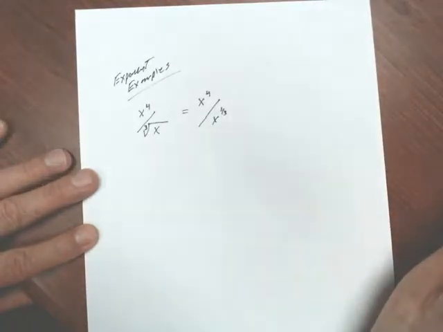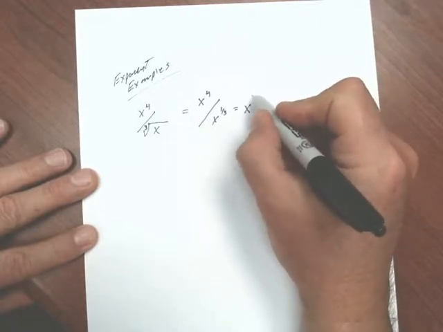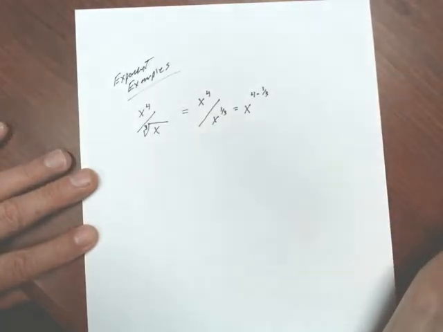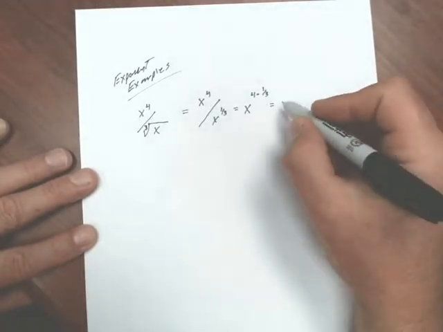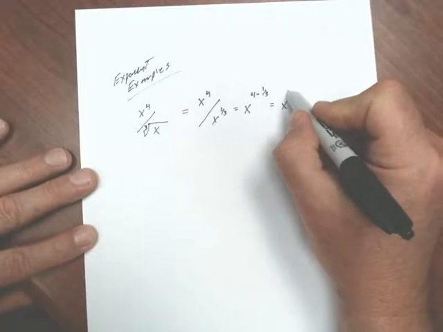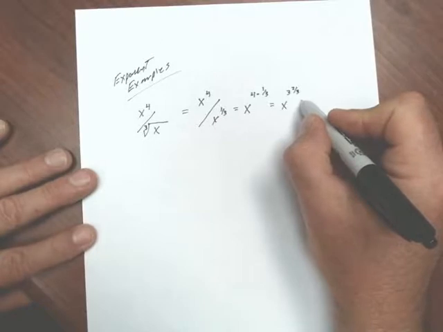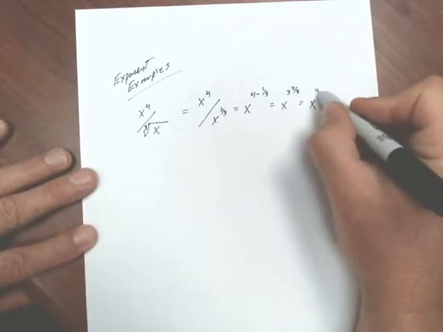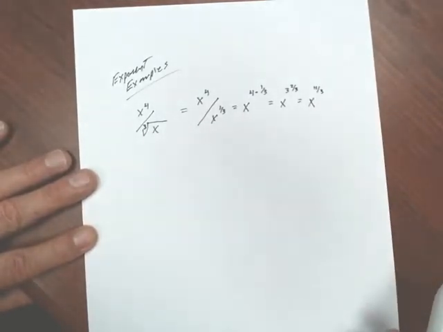Using our rules of exponents again, we get x to the fourth minus 1/3, which is x to the 3 2/3, and in full fractional form, that's the same thing as x to the 11/3. So this equals x to the 11/3.